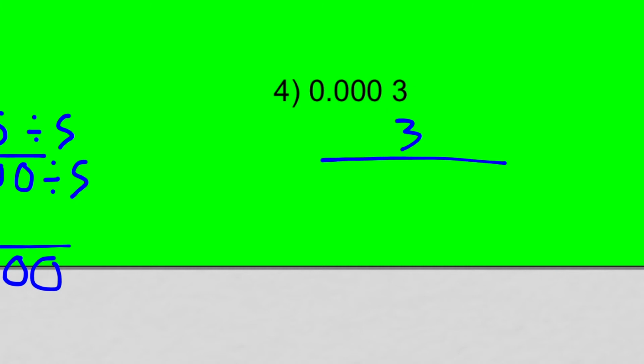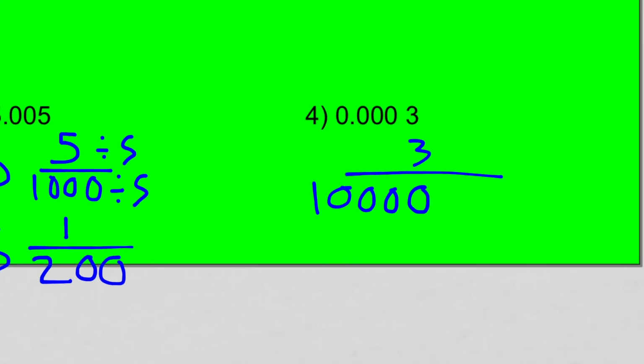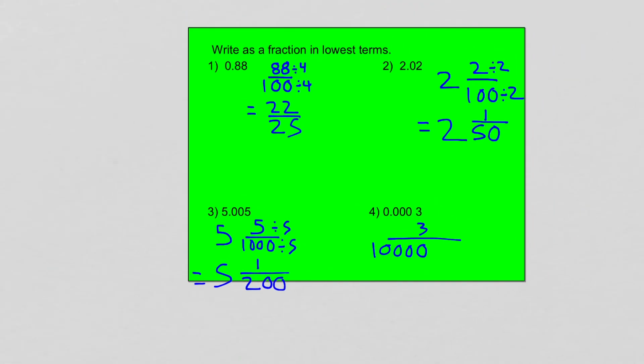There are going to be 4 zeros on the bottom, and a 1 in front. This is 3 over 10,000, and that can't be reduced because there's no common factor of 3 and 10,000 other than 1. And when it's 1, you're done.